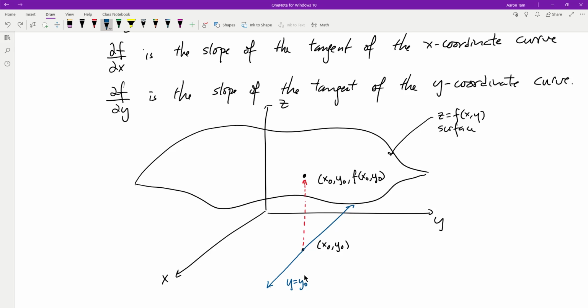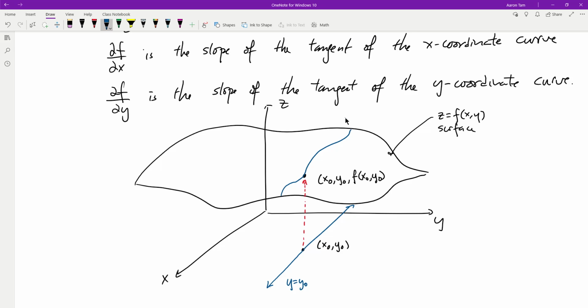So now if you think about it, along this blue line, the x value is changing, but y is fixed as y sub 0. Therefore, this line has only one variable that's changing, which is x. If I plug every single point along this blue line into the function f, they would do exactly the same thing as this one point would do.